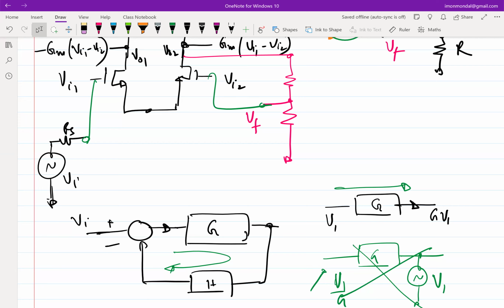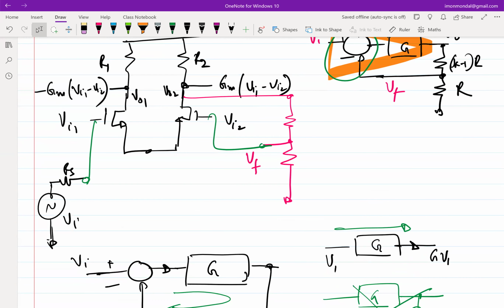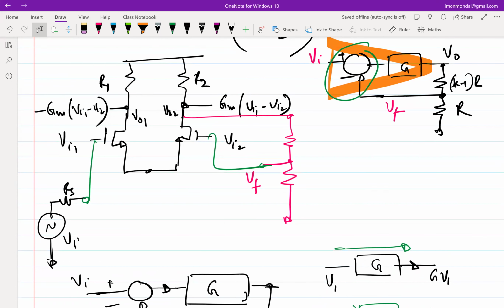Now, when I say effect of loading, what I essentially mean is, consider the circuit that we have drawn, that we are planning to analyze. If I have to find an equivalence of the circuit on the left and the right, and I have to find out what is G, as in the gain of the amplifier that we see in the right hand side figure, what is the gain of this amplifier?